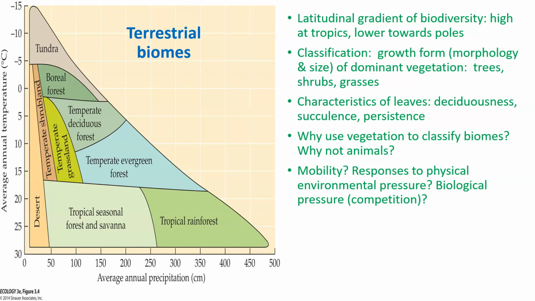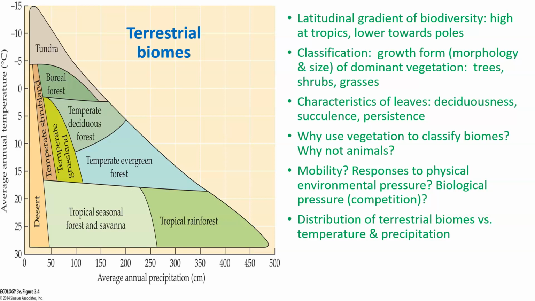Now, don't get me wrong, animals do have non-behavioral adaptations such as physiological, biochemical, morphological and anatomical ones. But animals do move a lot, so that makes it harder to understand biomes in terms of animal responses. Plant responses to biological pressure such as competition are easy to measure, again because they cannot move around. It's more like a logistical reason why we don't use animals as a means of classifying biomes.